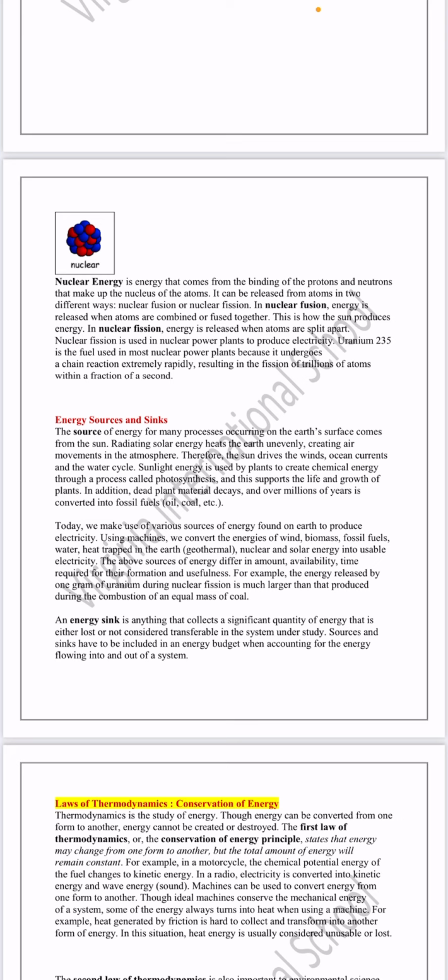Actually, we have two subtypes of nuclear energy, nuclear fusion and nuclear fission. What's this? In nuclear fusion, the energy is released when atoms are combined or fused together. While in nuclear fission, energy is released when atoms are split apart.